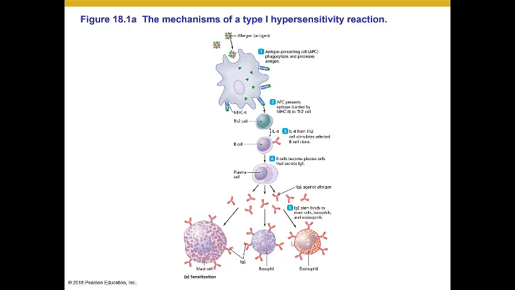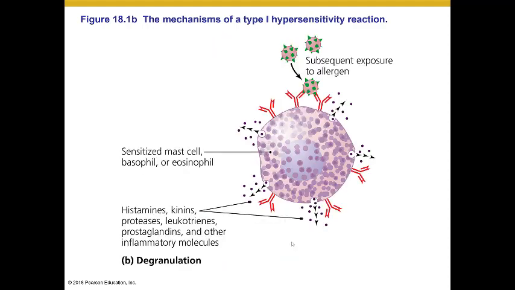Nothing physically, you don't really feel anything physically in this step. It's when you're exposed again. And that's the degranulation. So what happens when you are exposed again to that same allergen, those allergens will bind to anything that it can bind to.